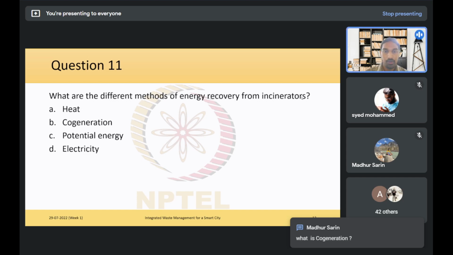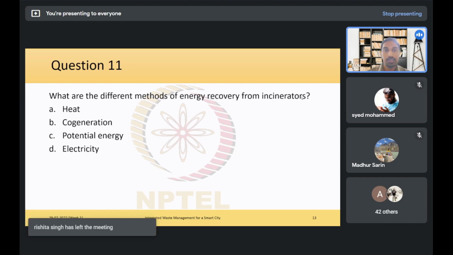What do we mean by cogeneration? It is generation of both heat as well as electricity together. So it's not one or the other. In a single plant, we try to generate both heat as well as electricity, so that we recover as much energy as possible from the waste that we are transforming, right?